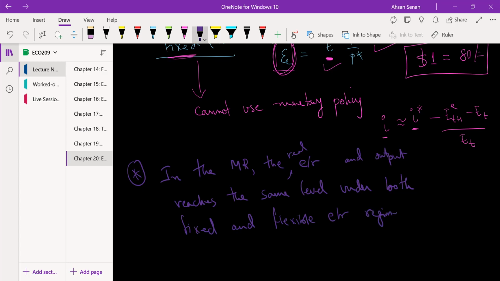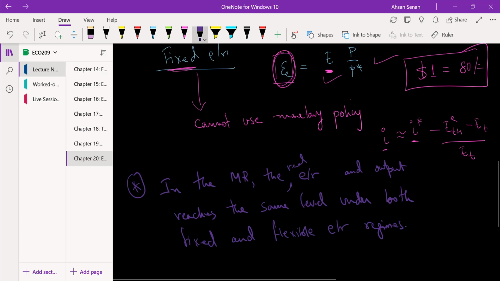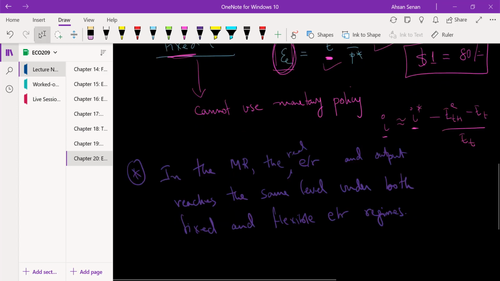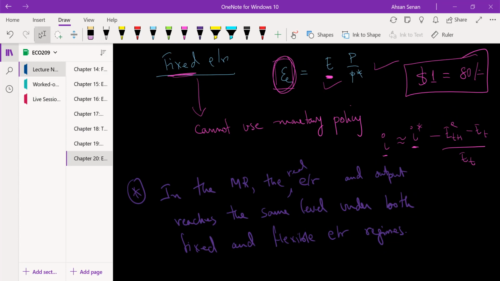This is an important relationship to keep in mind: the problem of the real exchange rate not adjusting is only a problem in the short run, when prices are fixed.